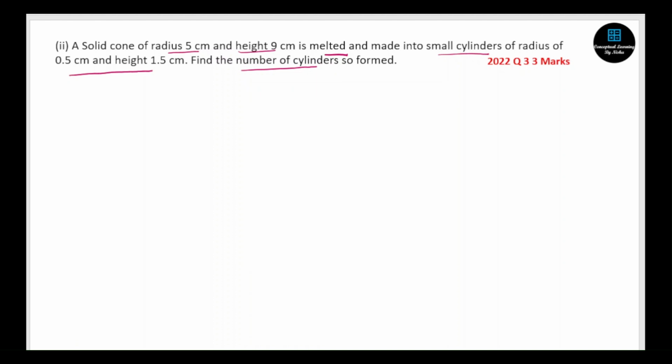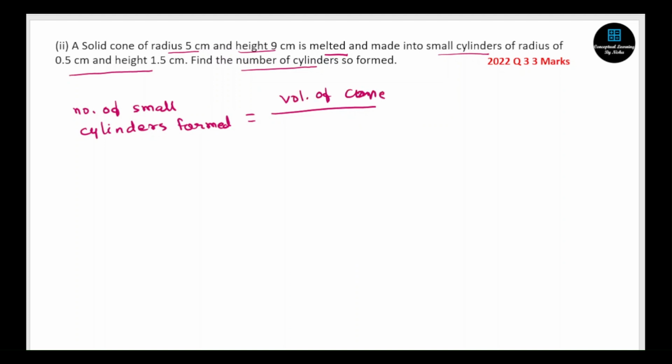So now what you have to write? The number of small cylinders formed equals the volume of cone over the volume of cylinder.